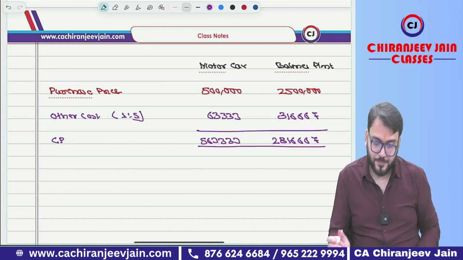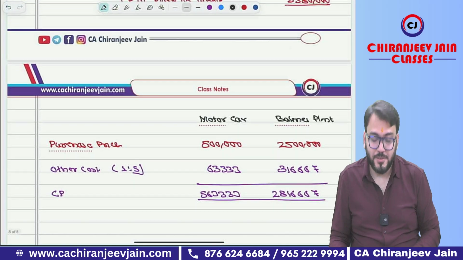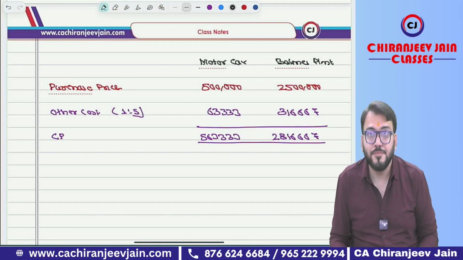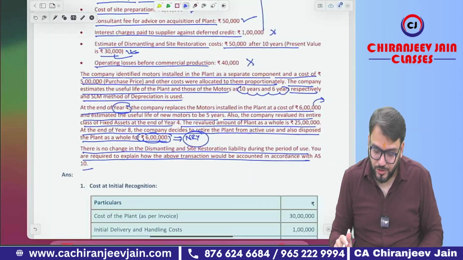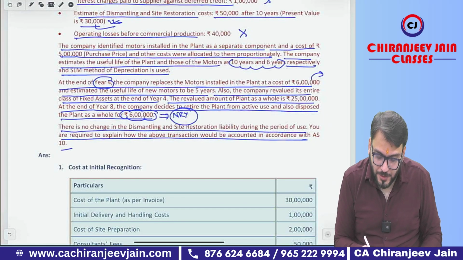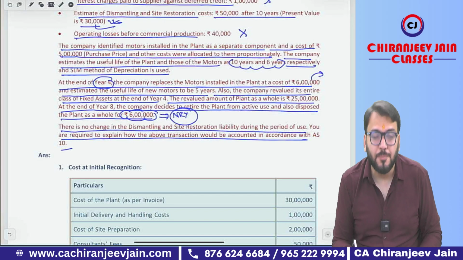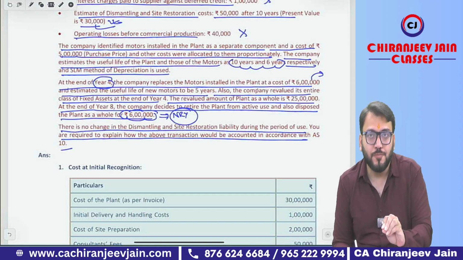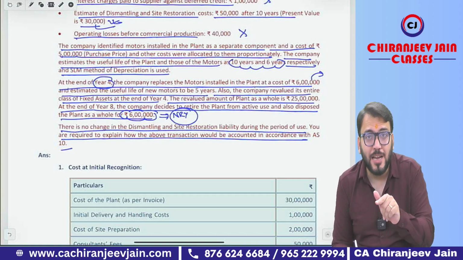Any doubt? Okay, sir. Now we can find out the carrying amount of each plant. It is given in the question that at the end of year 4, the company replaced the motor installed in the plant. It means replacement was done at the end of year 4. Therefore, you need to find out the carrying amount at year end 4.